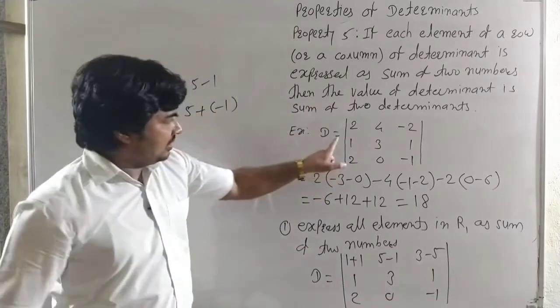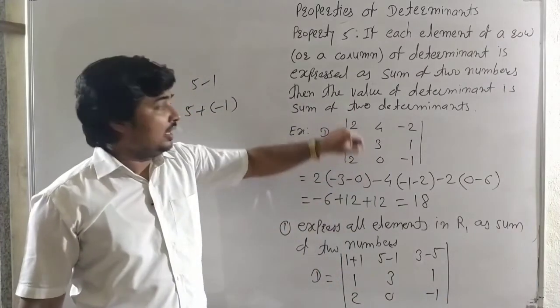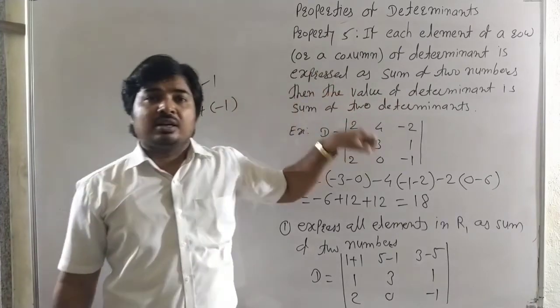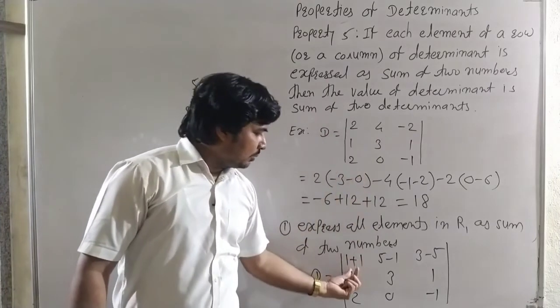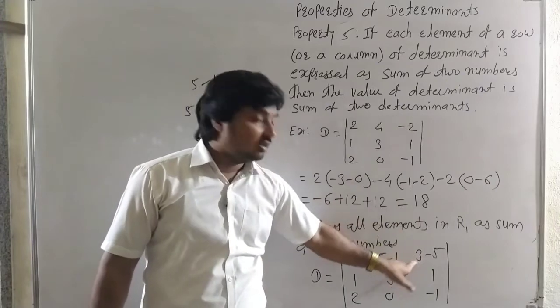Now check these two determinants. It is the original determinant, and we expressed all elements in the first row as the sum of two numbers. This 2 can be written as 1 plus 1, this 4 as 5 minus 1, and this minus 2 as 3 minus 5.